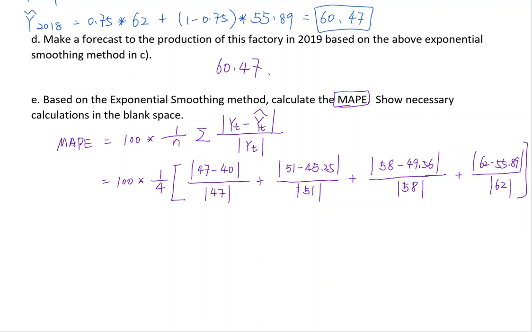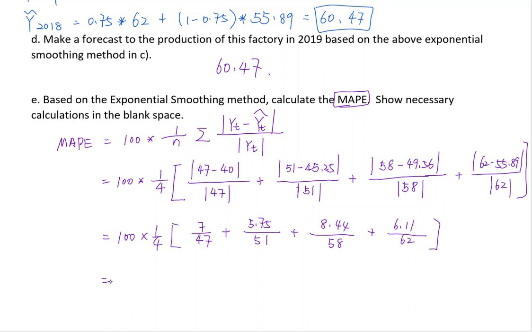So what's left is just a calculation. You will have 100 times 1/4 times 7/47 plus 5.75 divided by 51 plus 8.44 divided by 58, then plus 6.11 divided by 62.